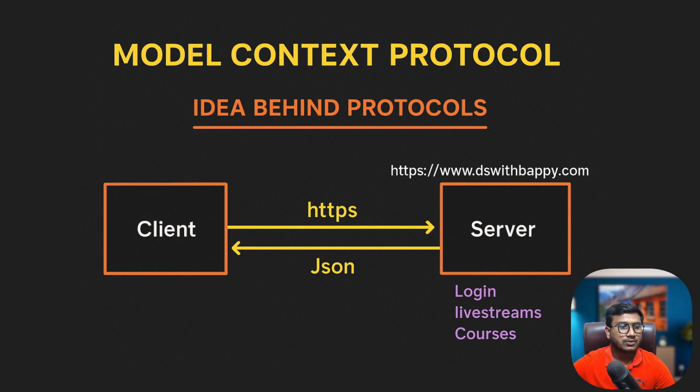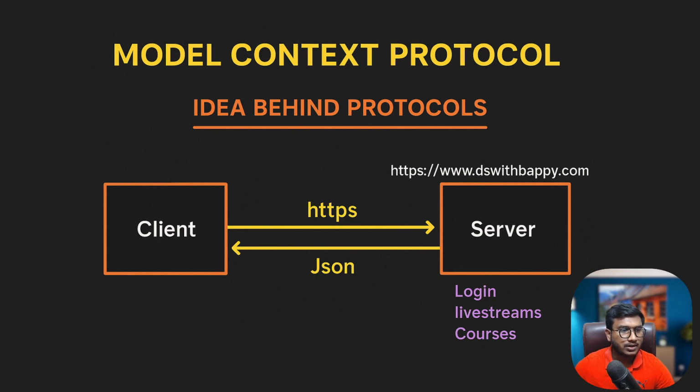Here, which protocol are you using? The HTTPS protocol, to send the request to this particular website. And as a response you are getting something called JSON. Those of you from web development, or who have already built some API with the help of Flask, I think you already know how these things work, right?